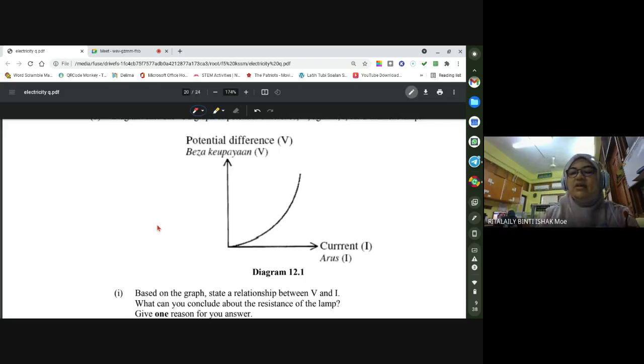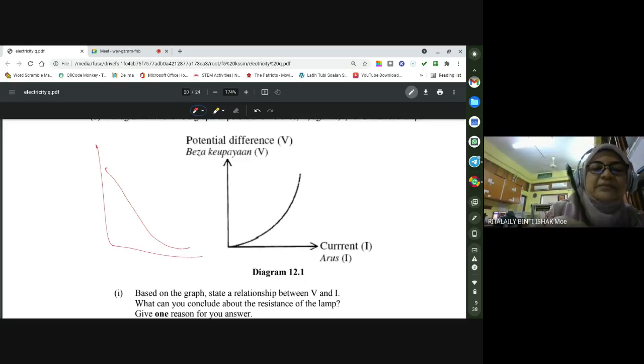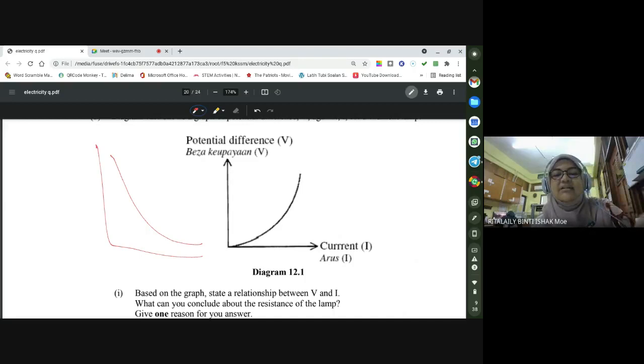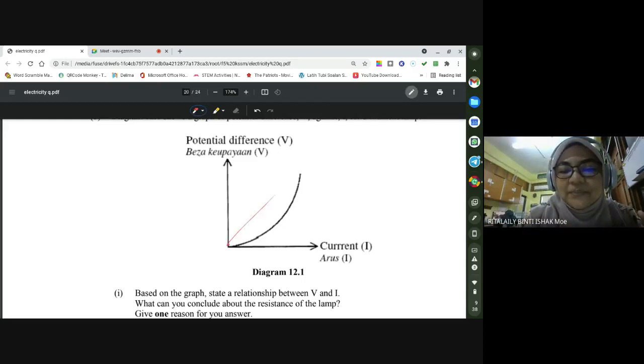This is not an inversely proportional graph. An inversely proportional graph would be like this. This is an inversely proportional graph. Inversely means that when y increases, x decreases. But in this graph, x increases, y also increases. It's just that it is not linear. So this graph is not linearly proportional. If it were linearly proportional, it would be like this.